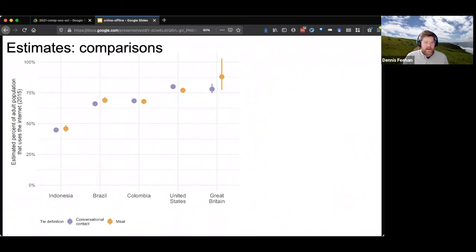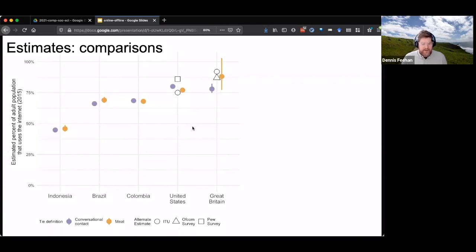So ideally, we'd be able to compare these estimates to a super high quality probability sample or census data. We were only really able to do that in 2 places, the US and Great Britain. And so this plot shows the estimates from these alternate sources. So in the US, we have a Pew survey, and we have a survey from the ITU.